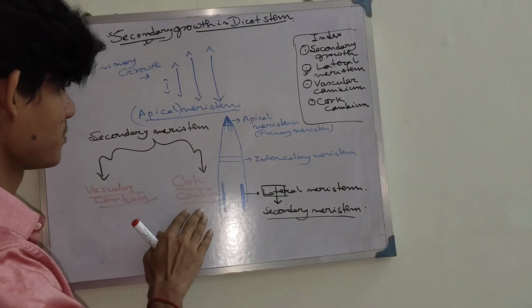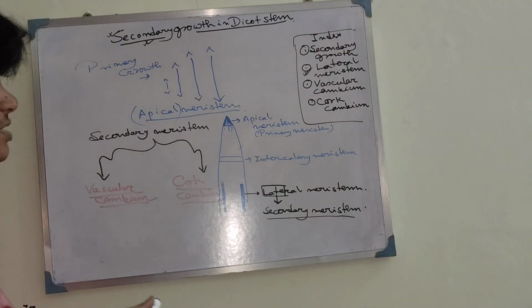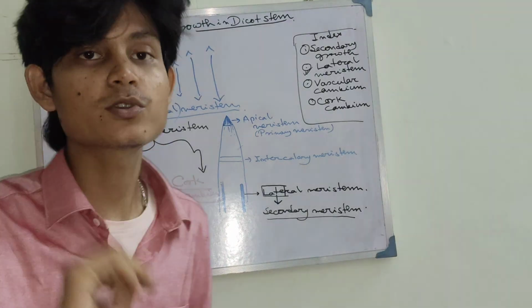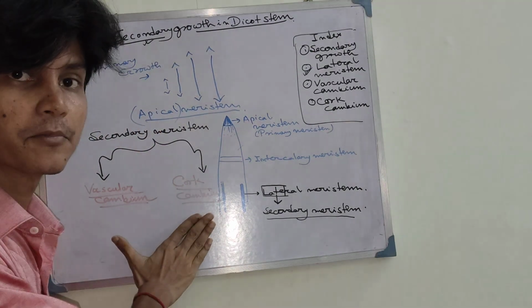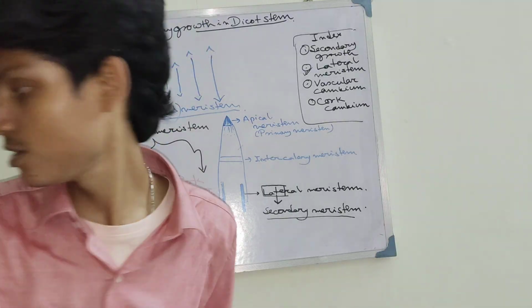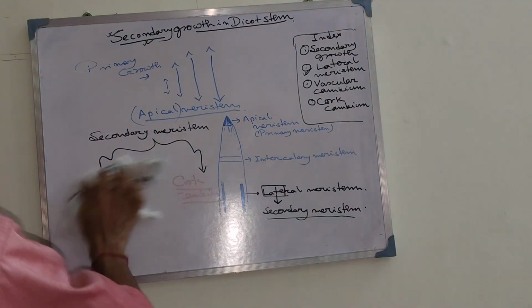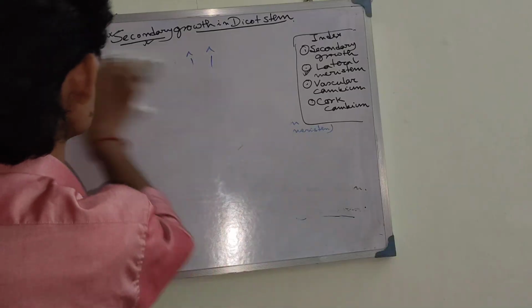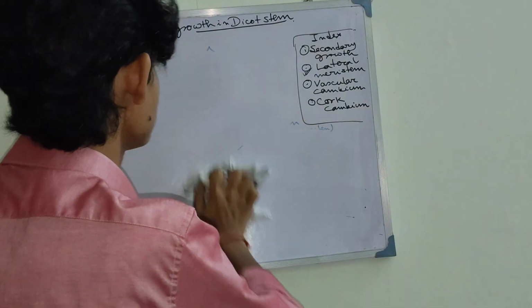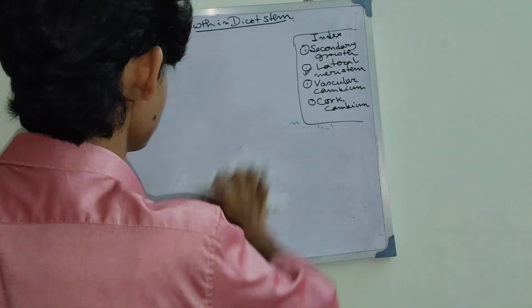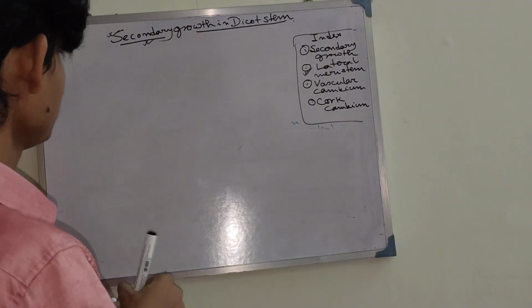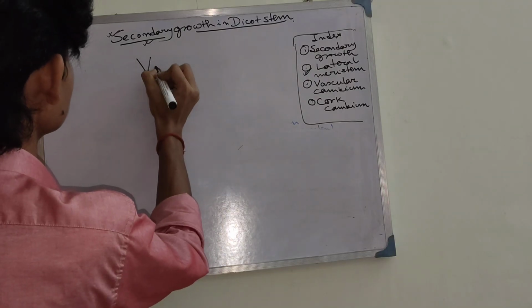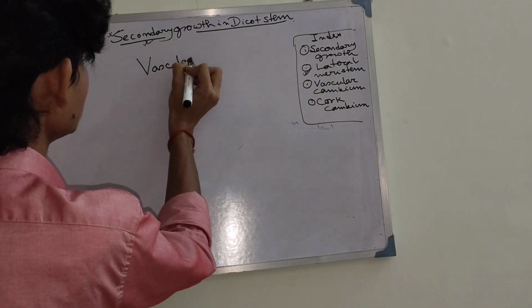We will learn about them now. So secondary meristem is of two types: one is vascular cambium, another one is cork cambium. Okay, so let's learn about vascular cambium.